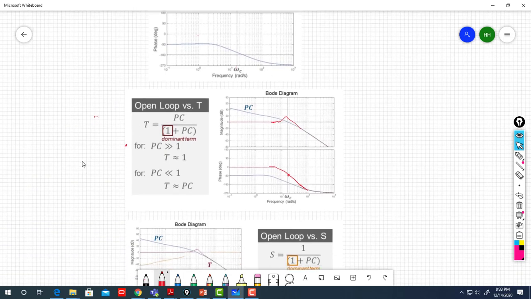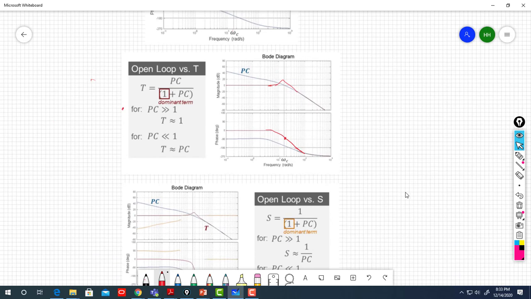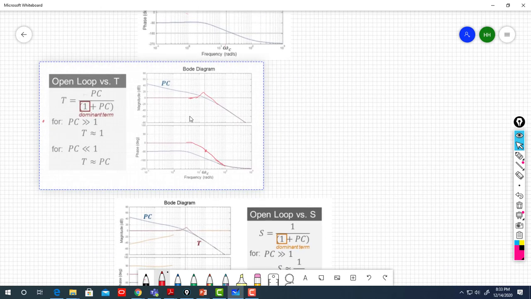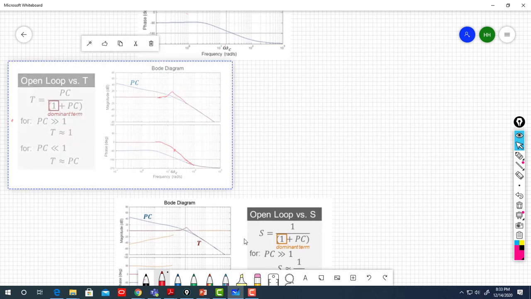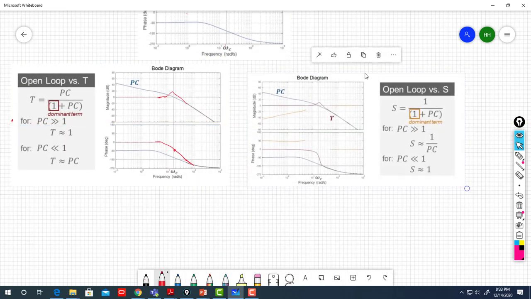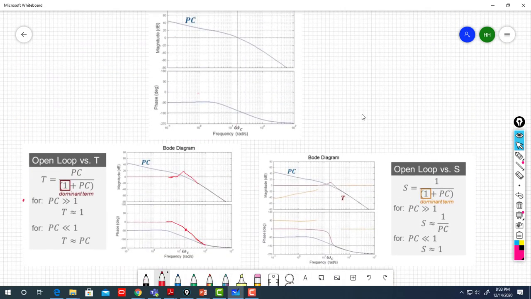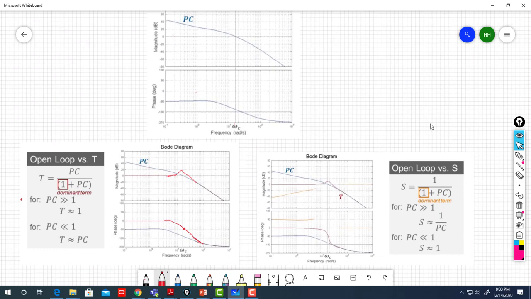Well, also let's compare PC, the open loop transfer function, to the sensitivity transfer function, and we'll see why we are doing that. In the same way, when PC is very big compared to 1, then it is equivalent to 1 over PC, which means in logarithmic scale it is the inverse of PC, right?